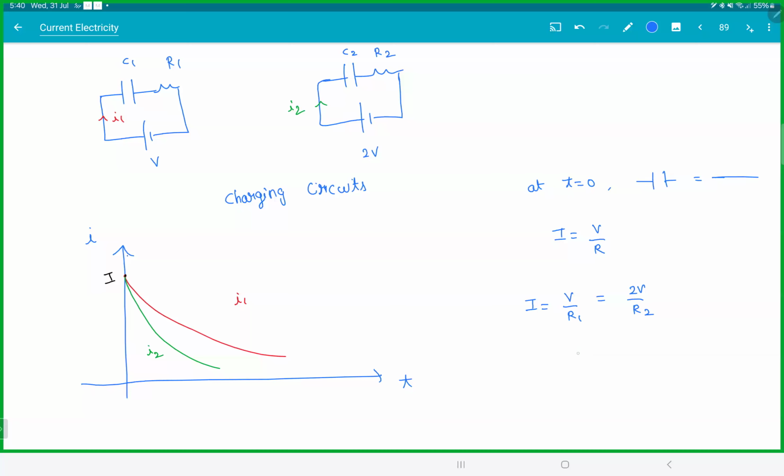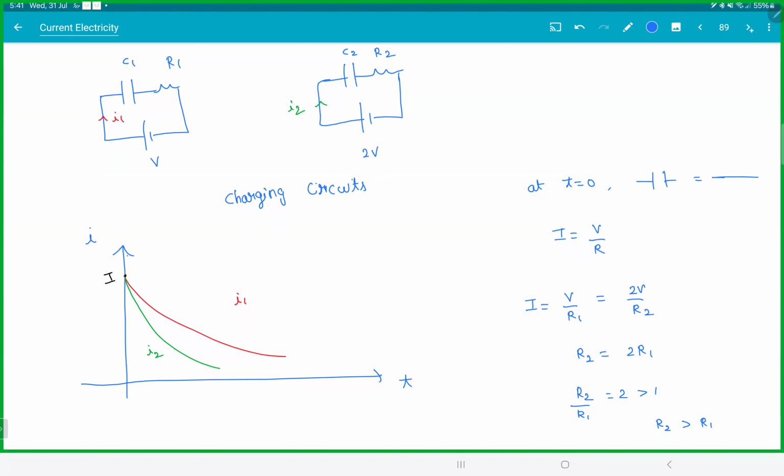So from here we are getting R2 is 2 times R1. Therefore, R2 is greater than R1. Clear? You can clearly see R2 by R1 is 2, which is greater than 1. So R2 is greater than R1.